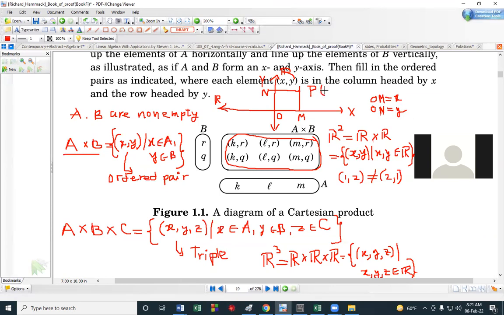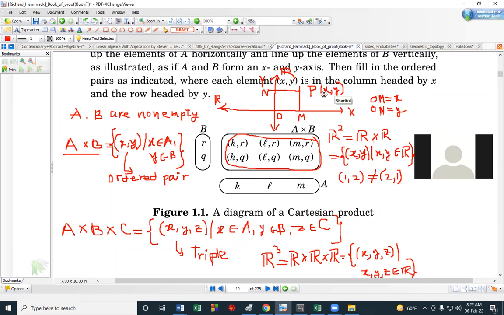Then this ordered pair will give a representation of this point P, which says this point is exactly X units away from the vertical axis and Y units away from the horizontal axis.